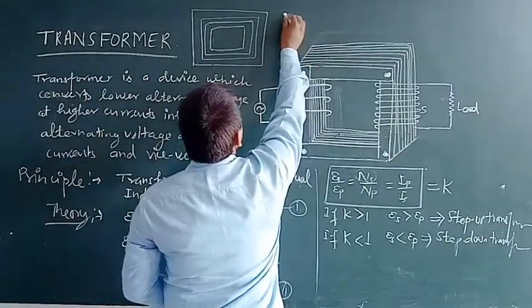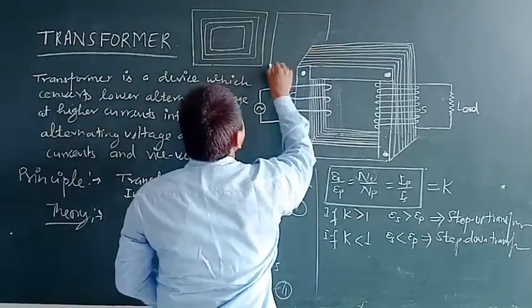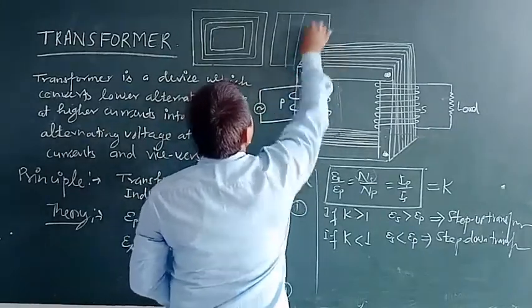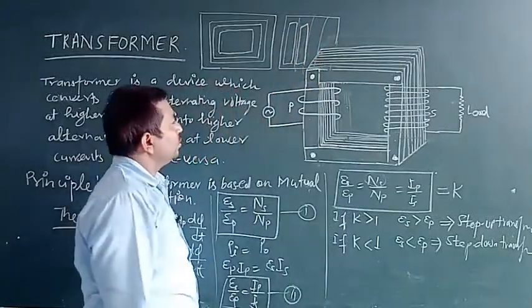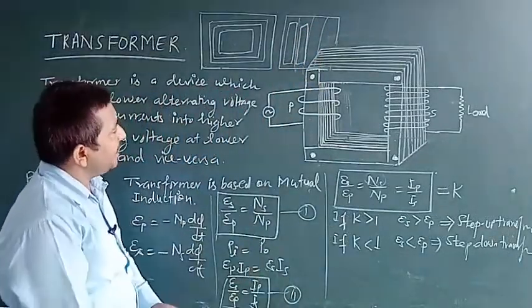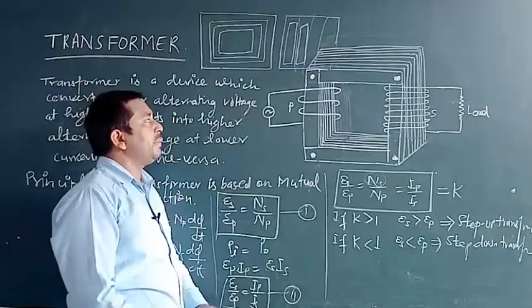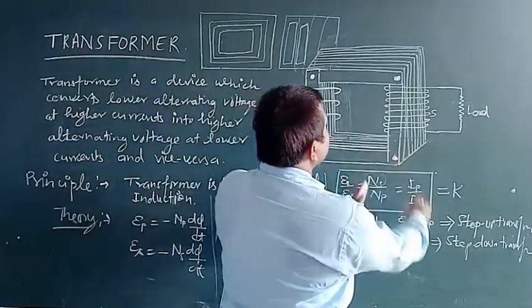But if we take this iron core in a laminated form like this, then the value of current becomes very small. So we can reduce the eddy current loss in the transformer by using a laminated core sheet.